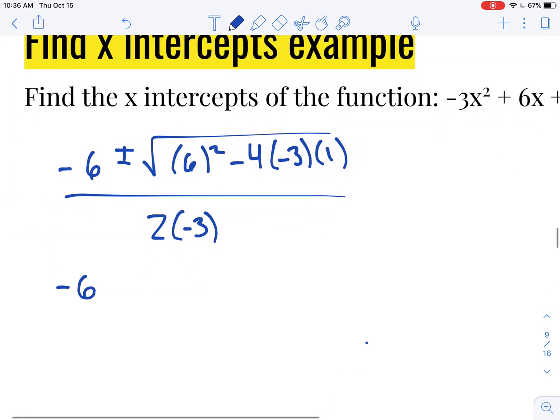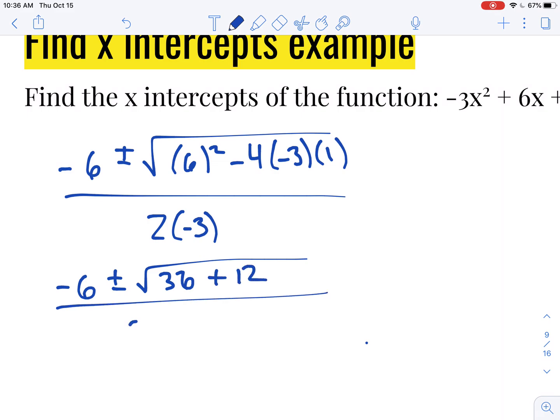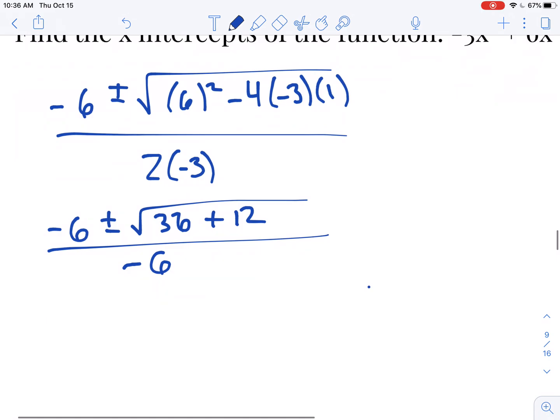So now I have negative 6 plus or minus the square root of 36 plus 12 all over negative 6. Negative 6 plus or minus the square root of 48 over negative 6.